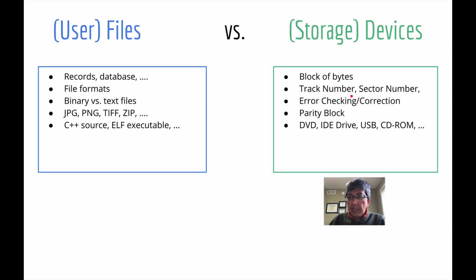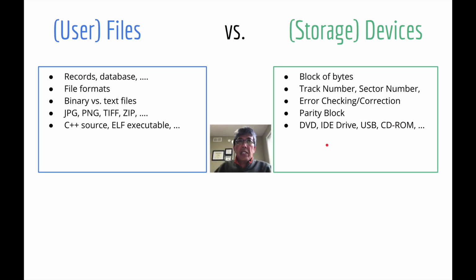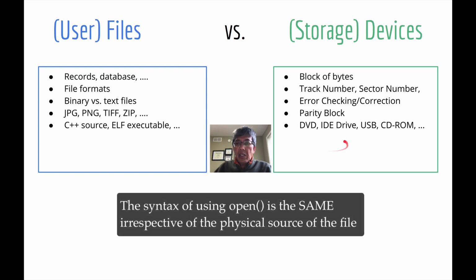But the operating system works in terms of blocks of data, disk track number, disk sector number, error checking algorithms, and so on. In addition, the system also provides the same interface to the user regardless of whether the files come from a DVD, an IDE drive, a USB drive, or a CD-ROM.